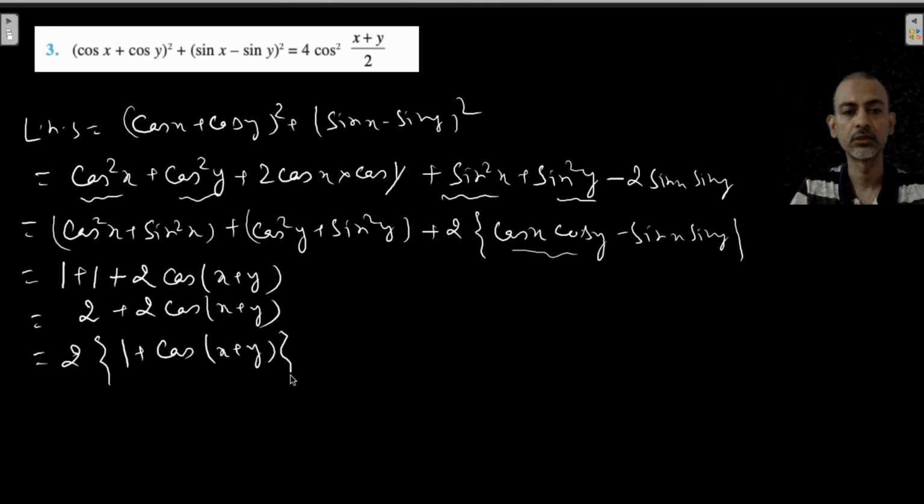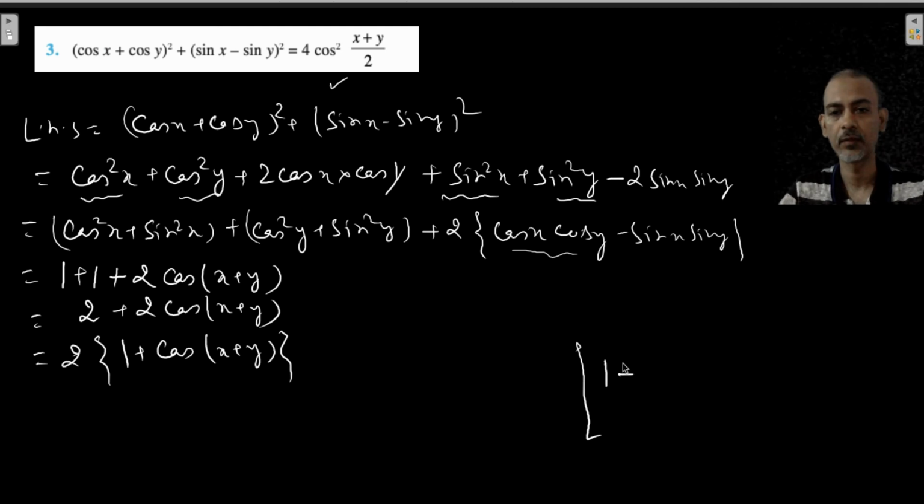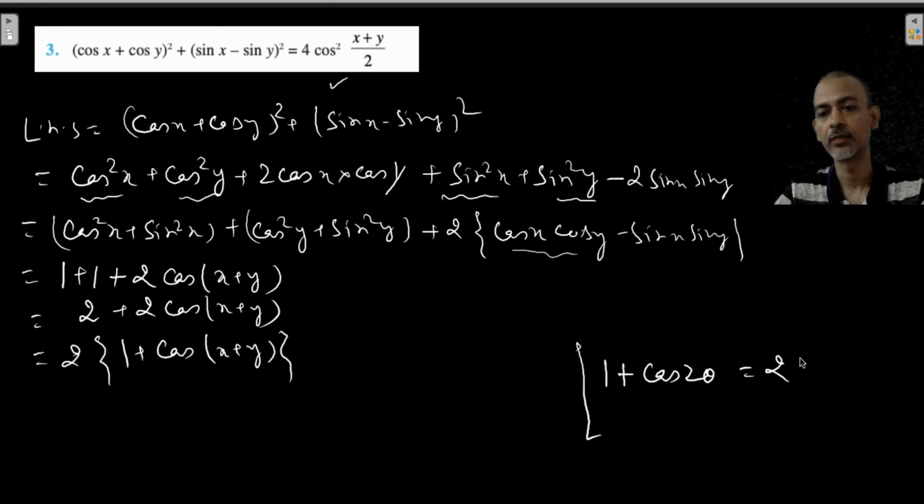Alright. So this is simplified, but this is not what we expect on the right hand side. So you also know that if it is something like 1 plus cos 2 theta, then it will be nothing but 2 cos square theta. Or rather, we know cos 2 theta is 2 cos square theta minus 1.